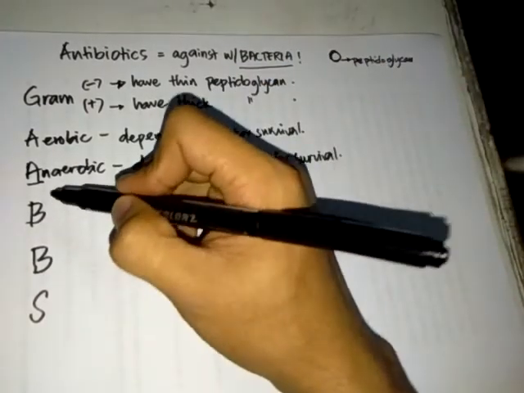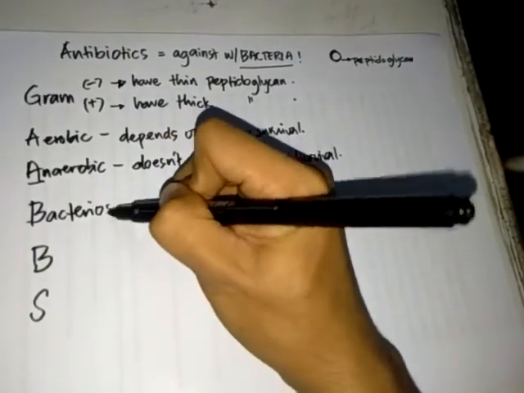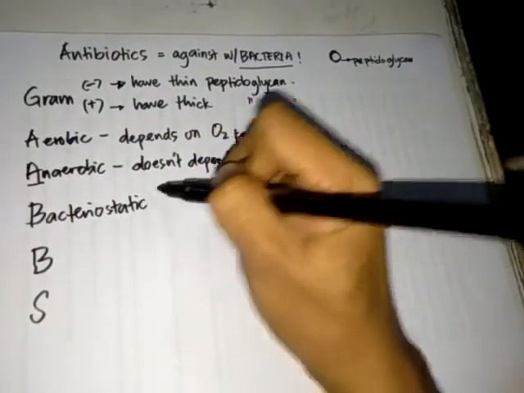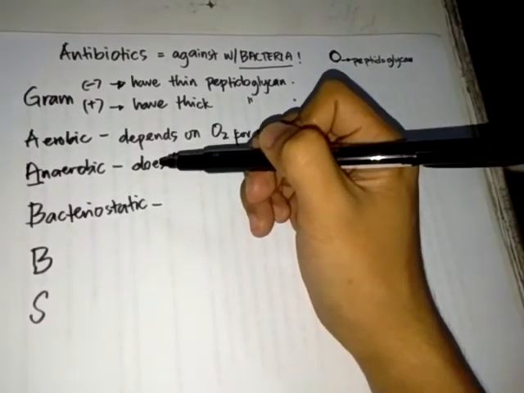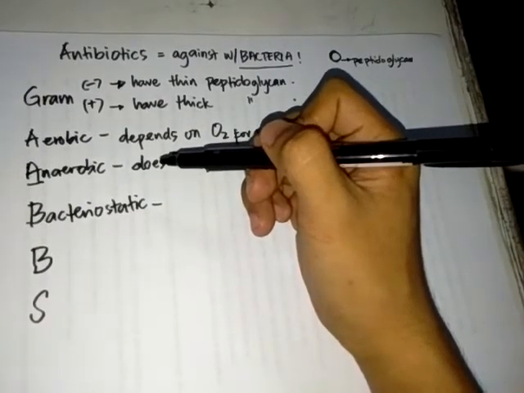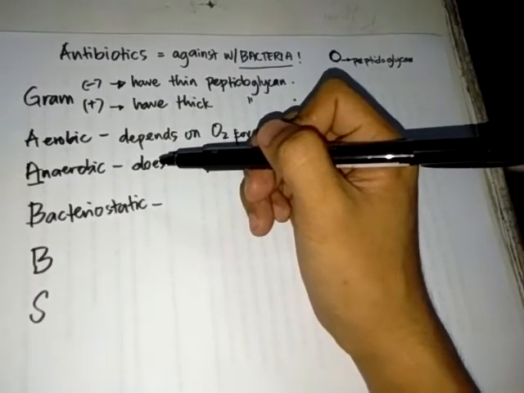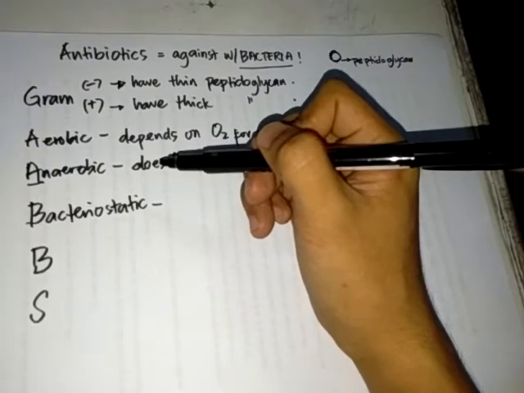So, ganun ang pagkakaiba nila. The first B stands for bacteriostatic. Bacteriostatic. So, pag sinabi nating bacteriostatic, actually, they are a group of antibiotic that prevents the growth of bacteria.